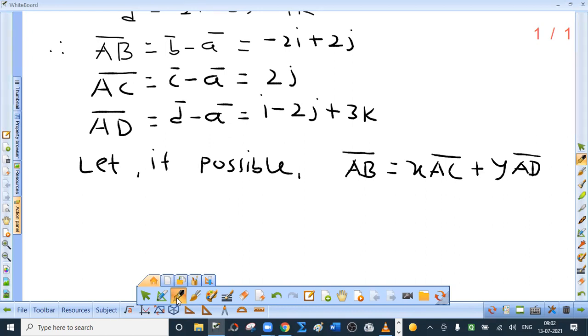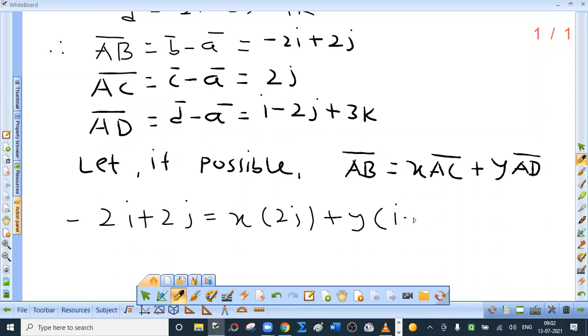Now substitute. So minus 2i plus 2j equal to x times 2j plus y times (i minus 2j plus 3k).